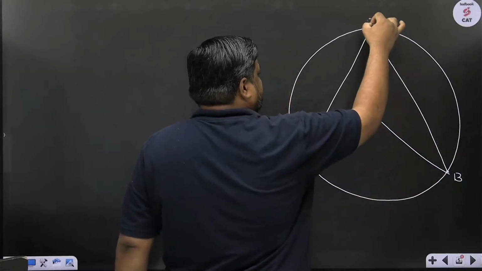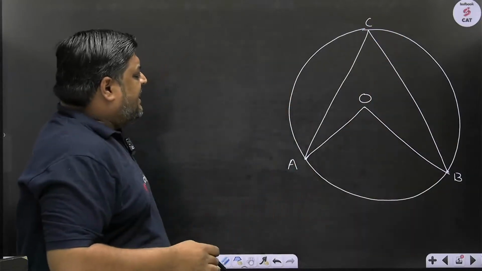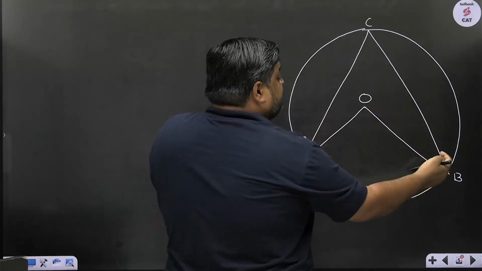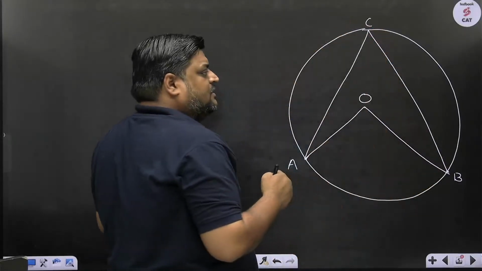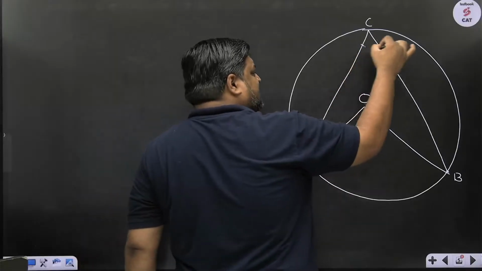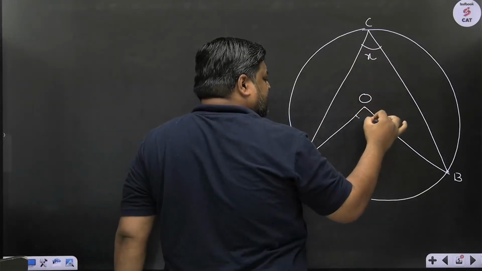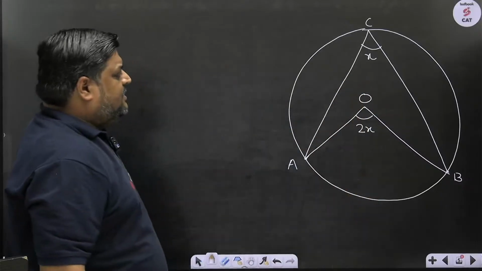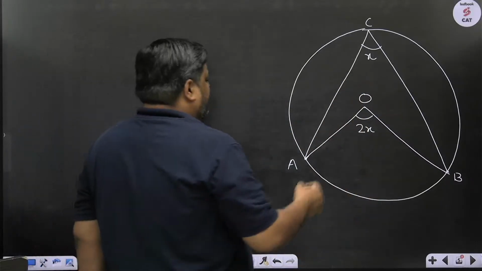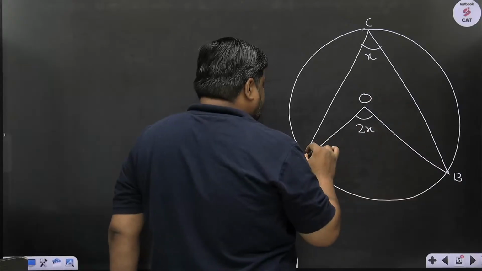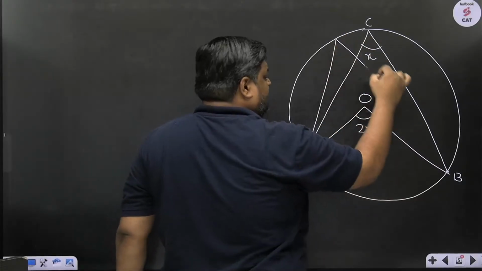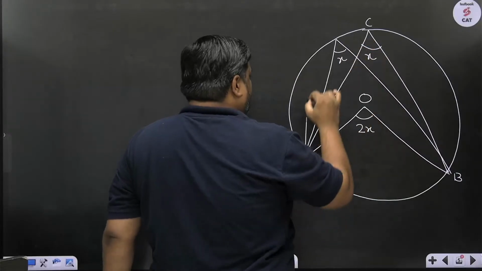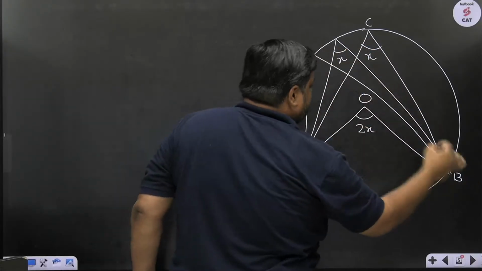Let this be C. Now, angle subtended at the center would be 2 times the angle subtended on the arc. If this angle is x, angle subtended at the center would be 2x. Okay, and this is applicable for all the angles that are subtended on arc. All of them would be x.